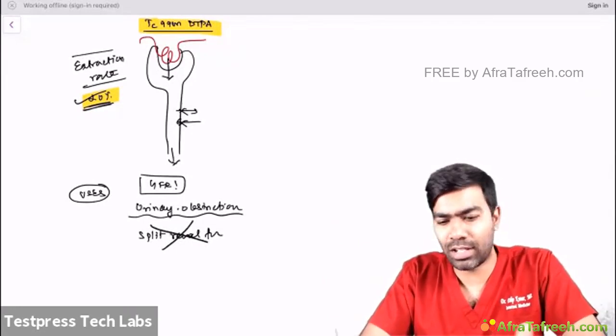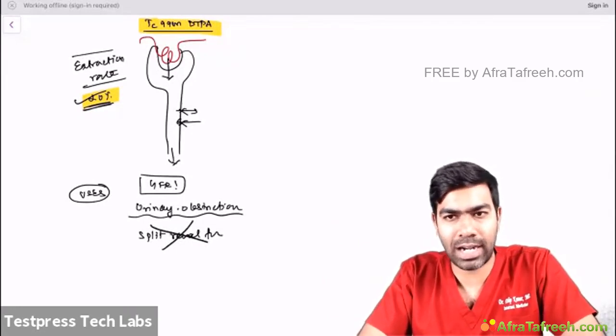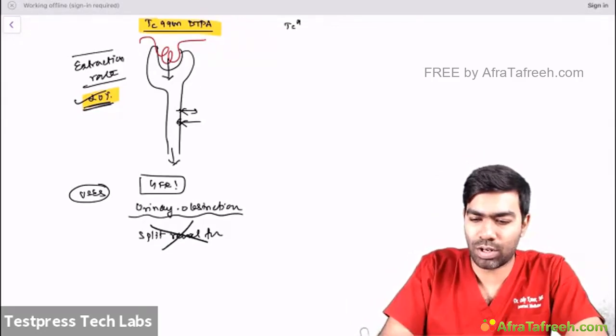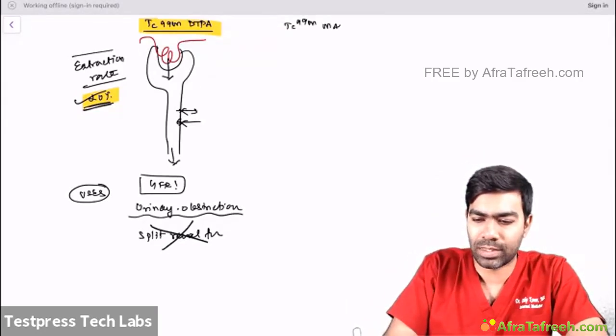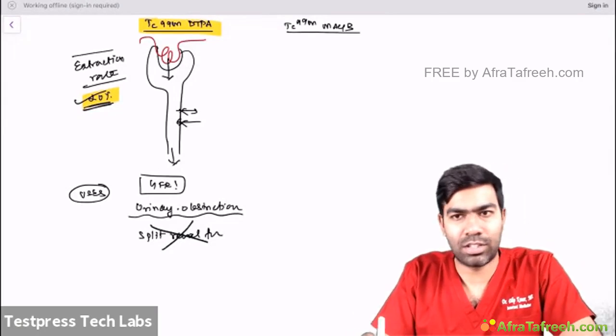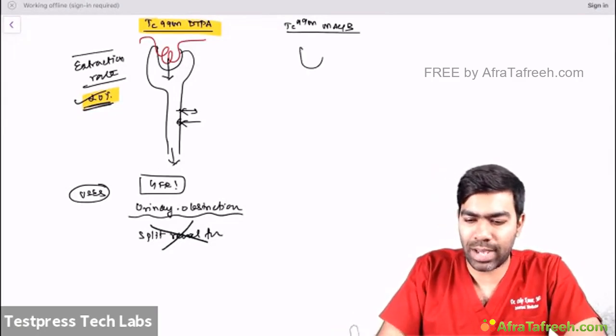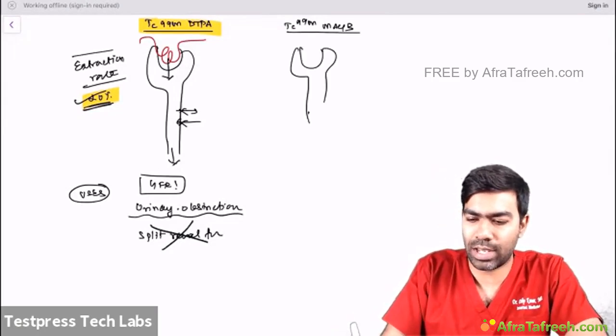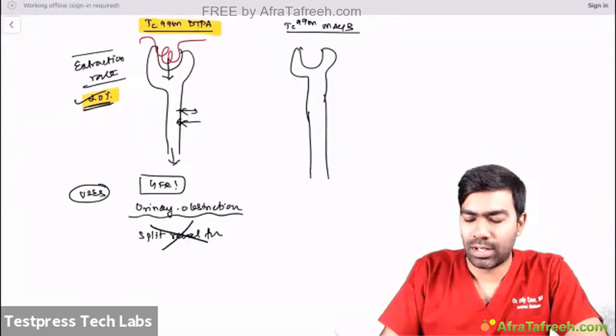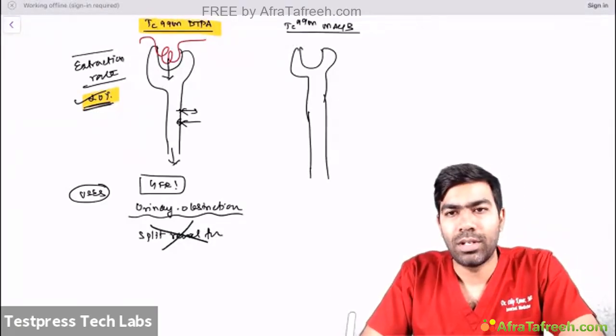That's why we have another two scans, called the DMSA scan and the MAG3 scan. Let us go for this 99m MAG3. MAG3 is perfect most of the time, because it behaves somewhat like para-aminohippuric acid.